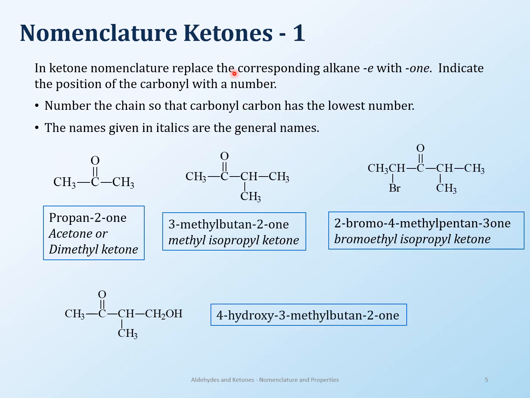Okay, ketones. Now in this case, you'll be ending in -one. In aldehyde, it was -al. Here, it's going to be -one. Ketones generally do have higher priority over other functional groups, not with aldehydes though, but with other functional groups they do. And by the way, I haven't really explained to you why we do aldehydes and ketones together. They're very similar.